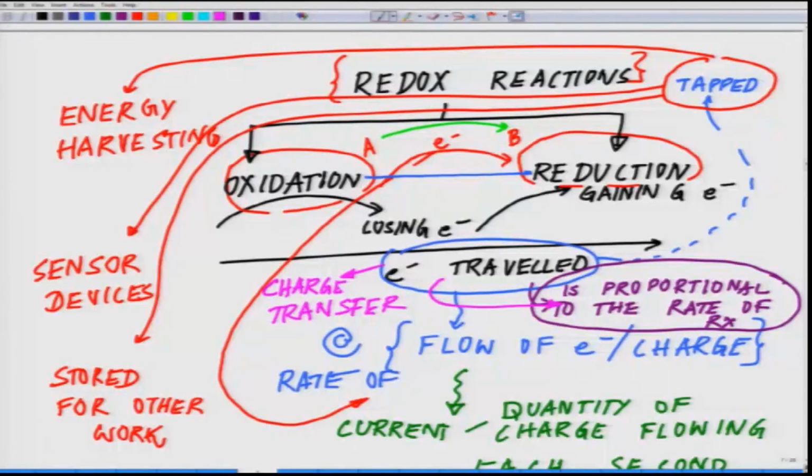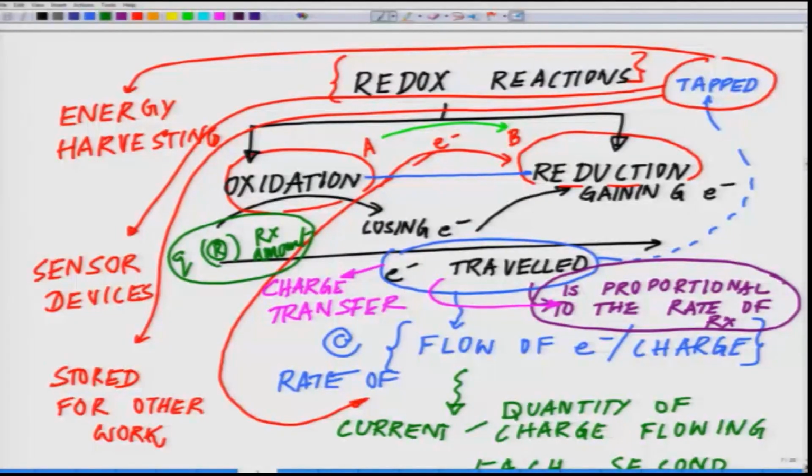Now, if you look at this, essentially you are relating charge, in some way or other, with the amount of reaction, how much reaction has taken place, because it depends on how much charge has travelled proportionally.